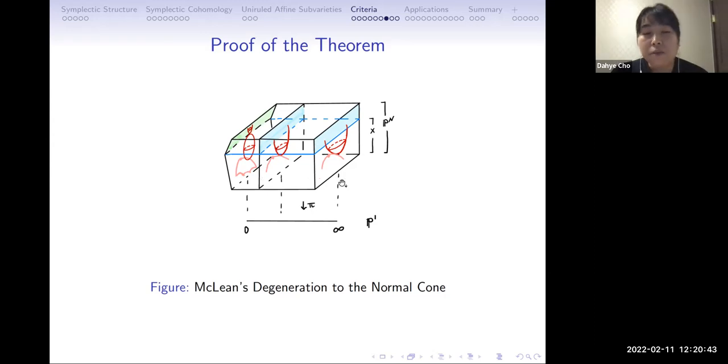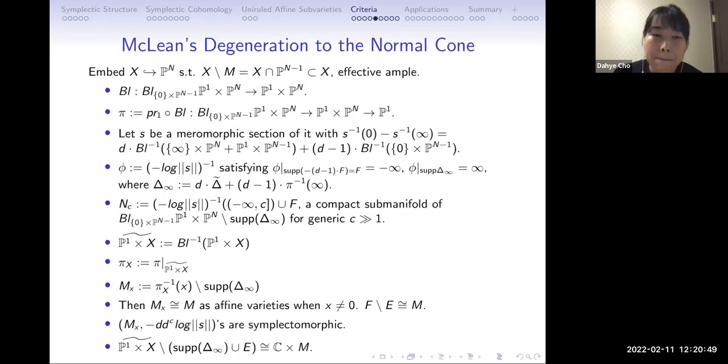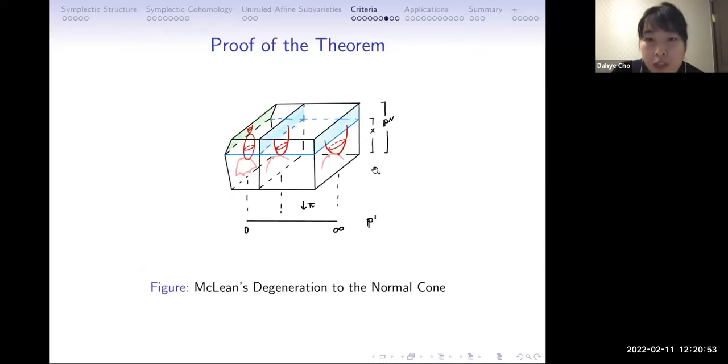And the clever way is choosing some ample divisor. So this picture is when you restrict to P^1 cross X, the blow-up part, and consider that projection.